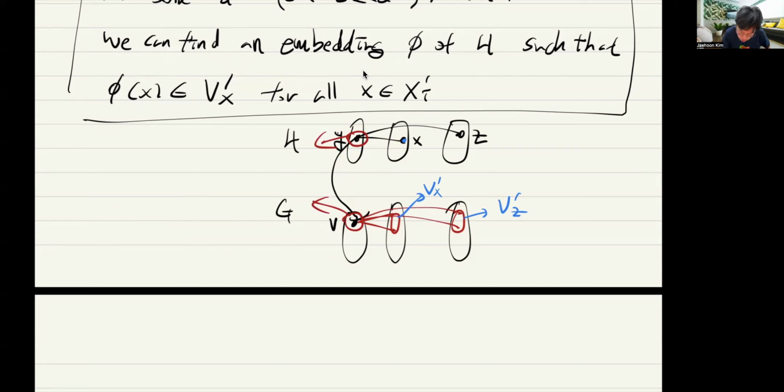So for each neighborhood of this, you take it that this vertex has to be mapped to the neighborhood of this vertex in here. So this is deleted, but we still know what set this is: the neighborhood of this in this V2 and V3 set. And you specify that this has to be mapped here, and this has to be mapped to here.